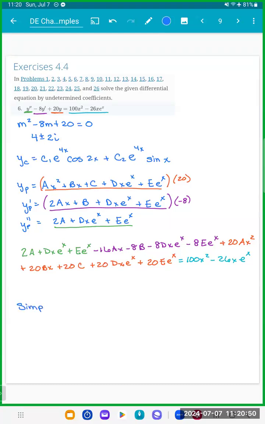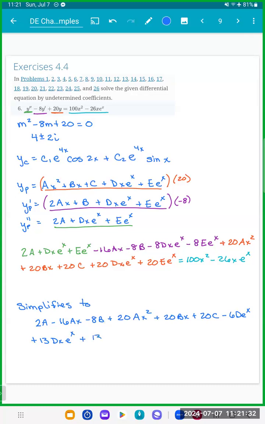This simplifies to 2a minus 16ax minus 8b plus 20ax squared plus 20bx plus 20c minus 6d e to the x plus 13dx e to the x plus 13e e to the x is equal to 100x squared minus 26x e to the x.